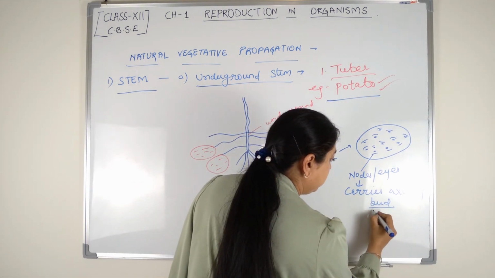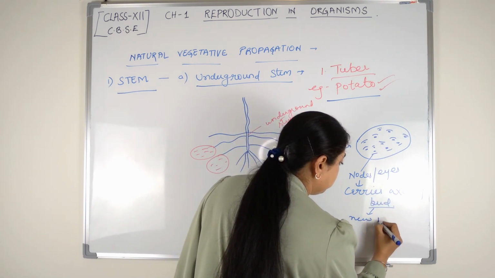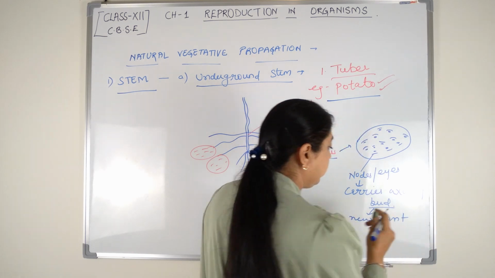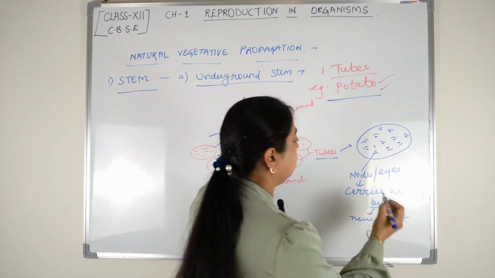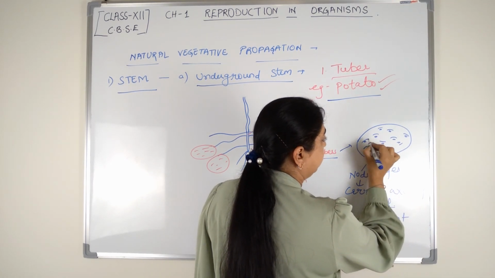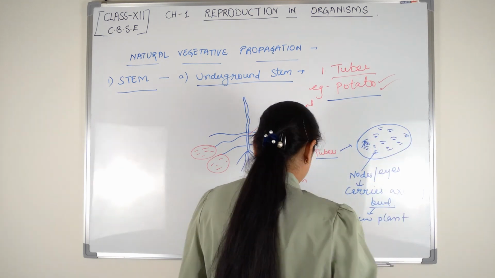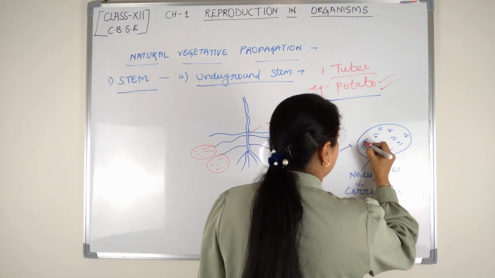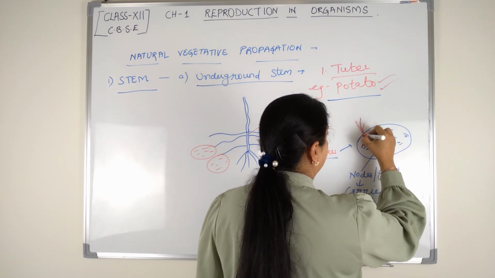So the bud is responsible for the growth of a new plant. It gives rise to a new plant, right? So these nodes are the ones which store the bud. So this bud, when it germinates, gives rise to roots, and finally a new plant.